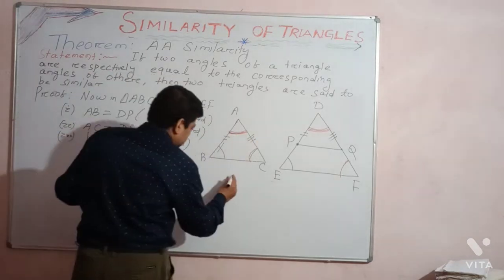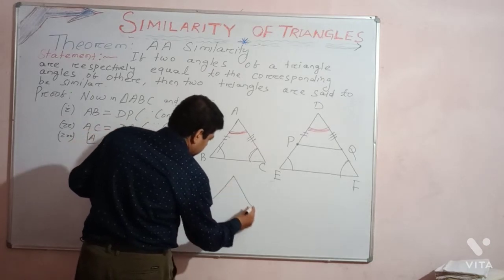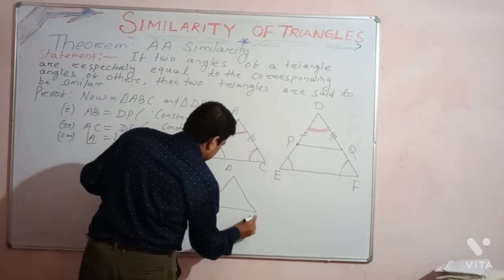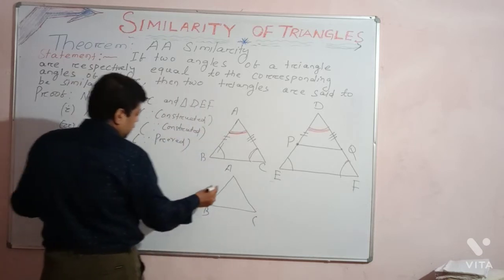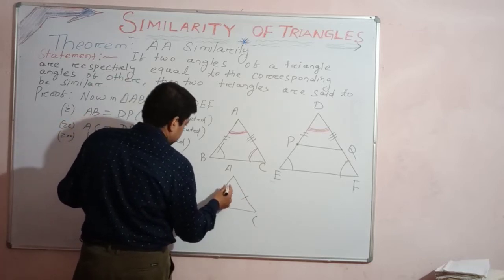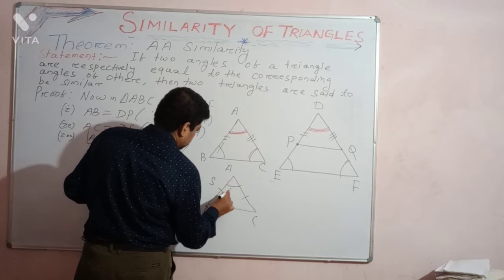Look here. In triangle ABC, to clearly understand the criteria of congruence, we have side AB, then side AC and angle A. This is side, angle and side.